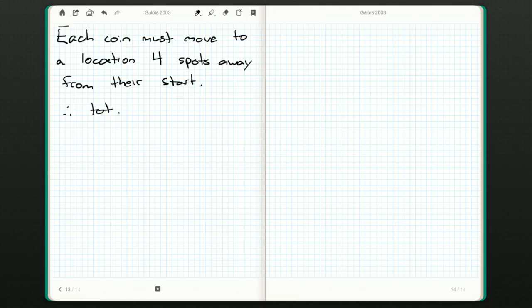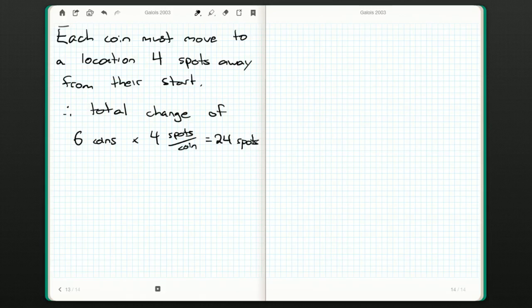So that gives us a total change of 6 coins, 4 spots per coin, 24 spots. So overall, the coins in total need to sort of change by 24 spots.